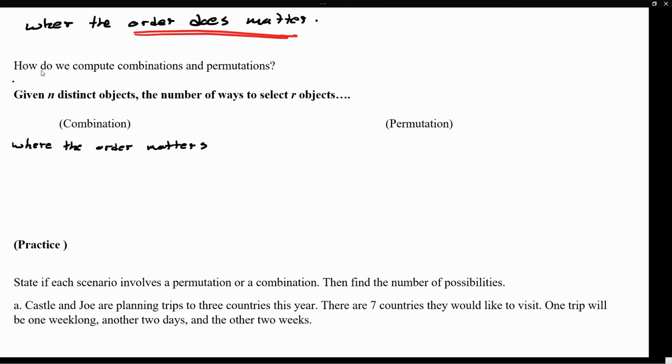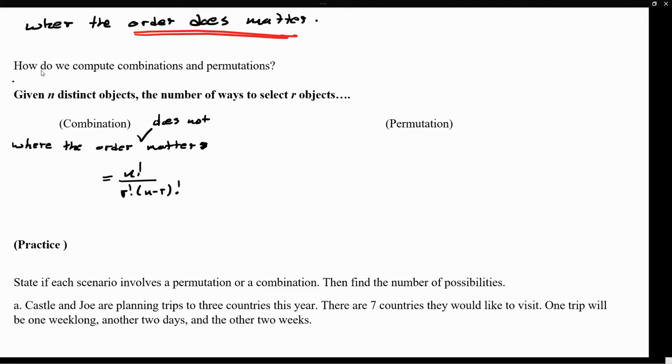Sorry, this is a combination, so the order does not matter. The way that we compute combinations is by the formula n factorial over r factorial times n minus r factorial.